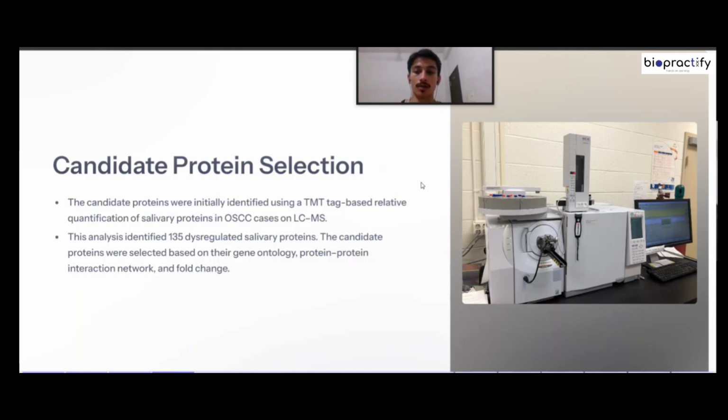The salivary proteins in this case of OSCC, that is oral squamous cell carcinoma, were quantified on the basis of the TMT tag, and then liquid chromatography and mass spectrometry techniques were used in the protein selection.